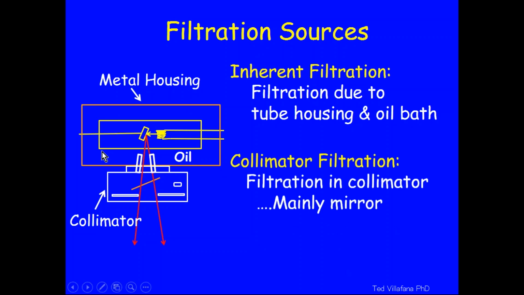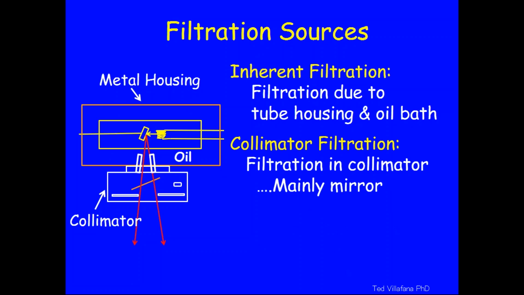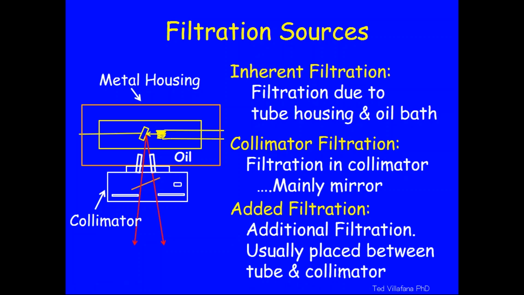And then we have the collimator filtration, mainly the mirror. But the radiation has to go through that before it leaves the collimator and arrives at the patient. And then the third parameter is that a lot of our systems have the facility to add filtration. That filtration is usually placed between the tube and the collimator. The tube is in yellow, the collimator is in white. So typically, down in here someplace, you would put that filter.